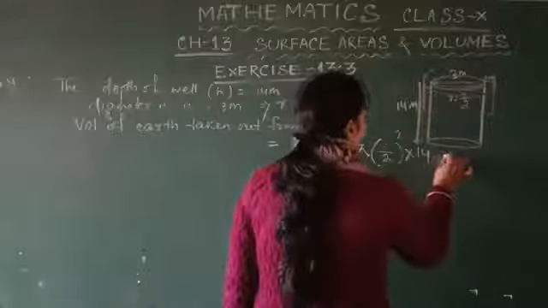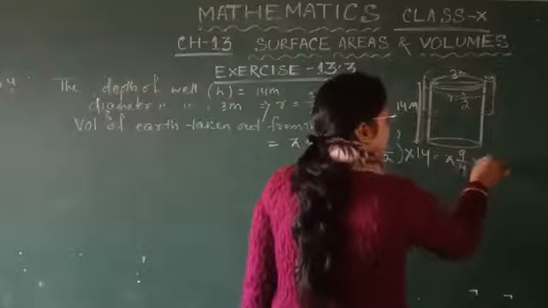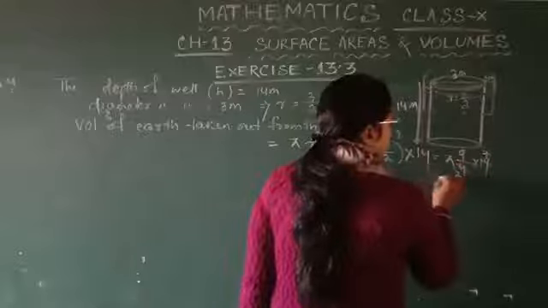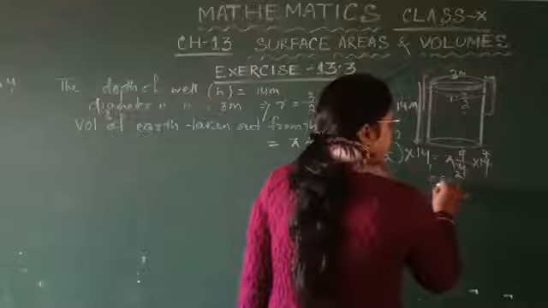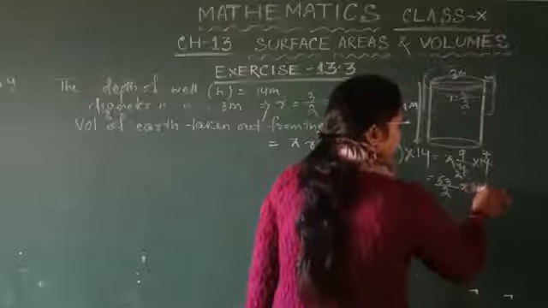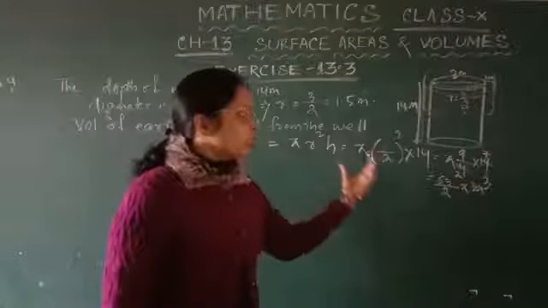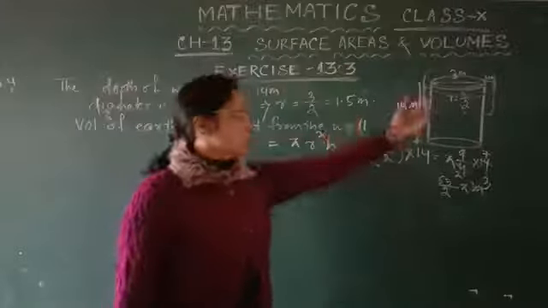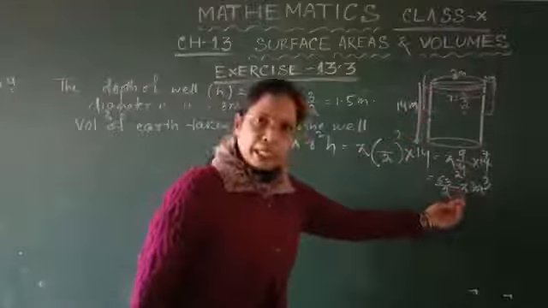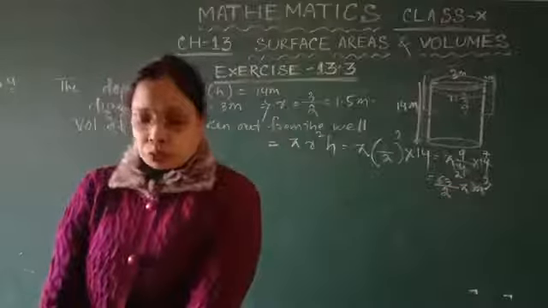So that is equal to how much? Pi. 3 square is 9, 2 square is 4, into 14. So here 2, here it is 7. That is equal to 9 into 7, 63 upon 2 pi. Okay, so the volume of the earth taken out from the well is equal to 63 upon 2 into pi meter cube. Clear?